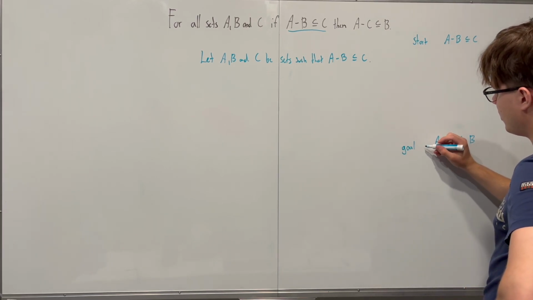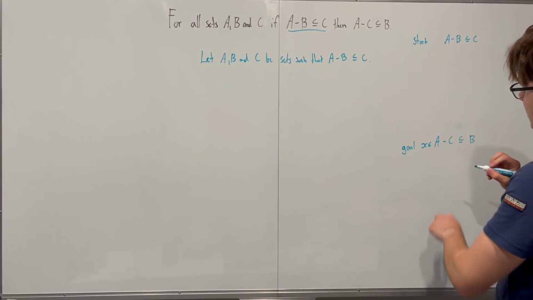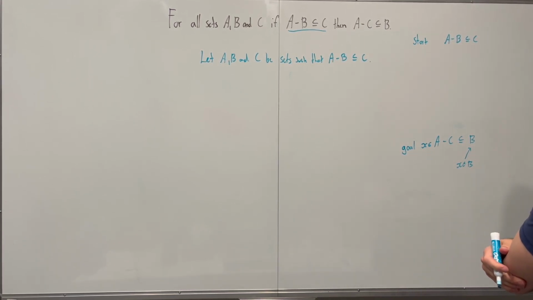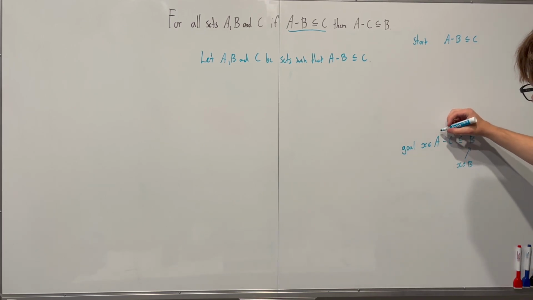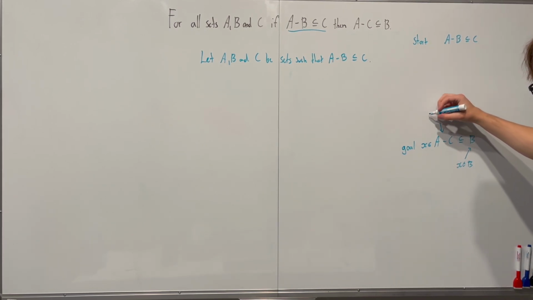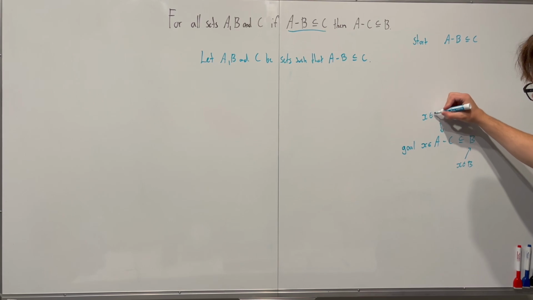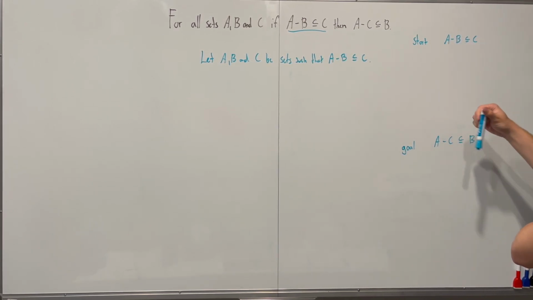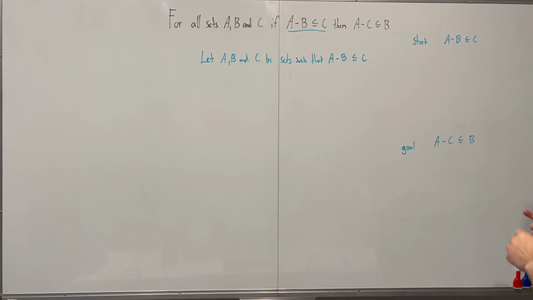Well, it means that if you have some element x be an element of this set, then x is also going to be an element of B. Okay, what does it mean for x to be an element of A minus C? Well, it means that x is an element of A and x is not an element of C. So to prove that when this is true, that is true, it might be easier to work backwards.